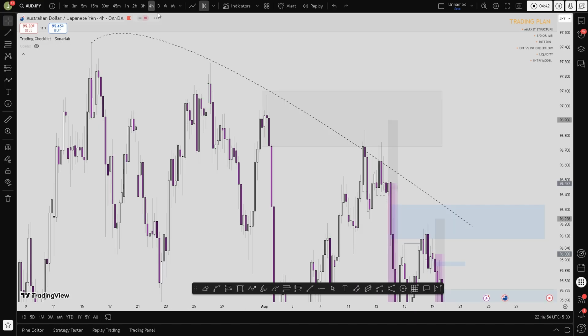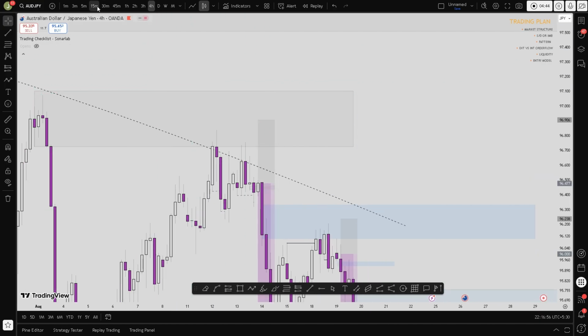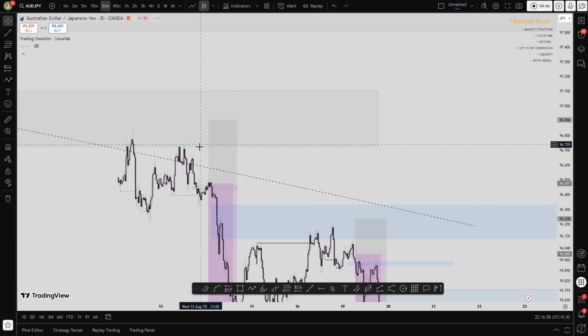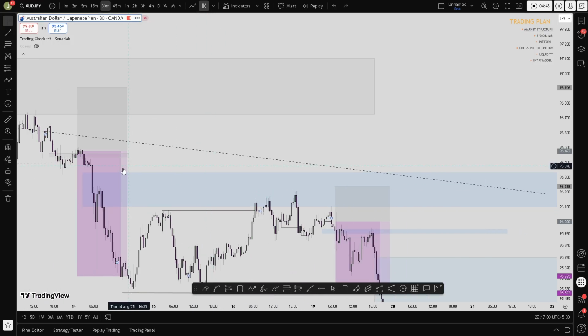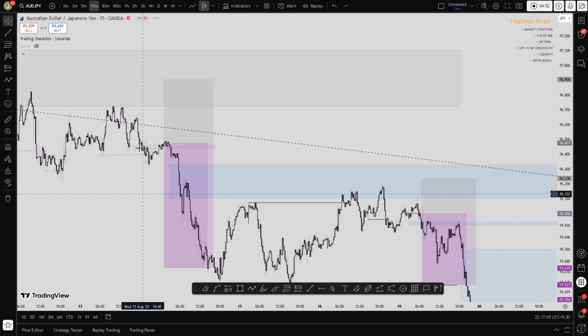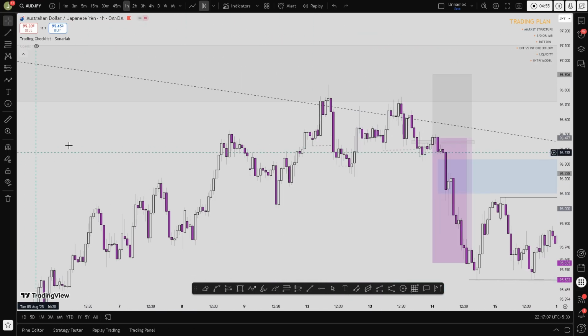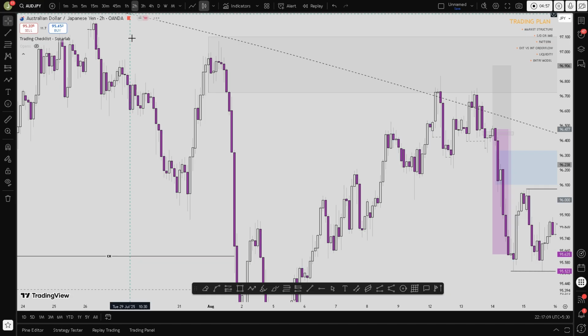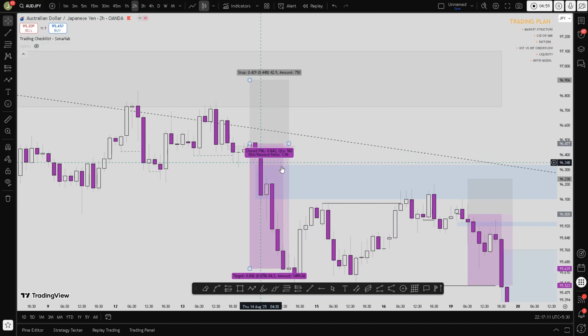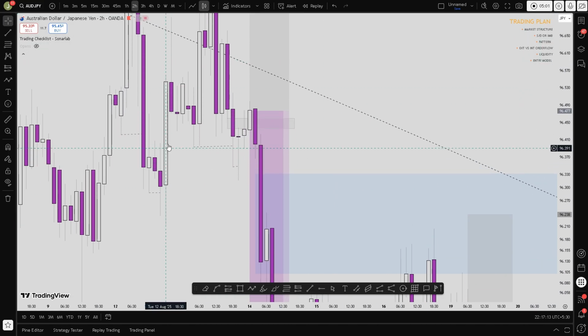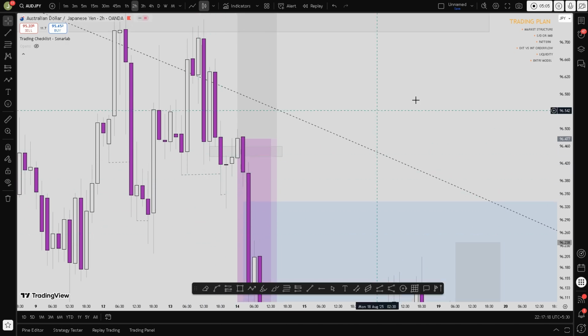No. Okay, I'm not able to exactly find the imbalance, but there was some kind of an imbalance on some time frame from which I looked for an entry. I'm honestly struggling to find it right now. But see, I have marked it, so there was some kind of imbalance. Okay, this was the imbalance.